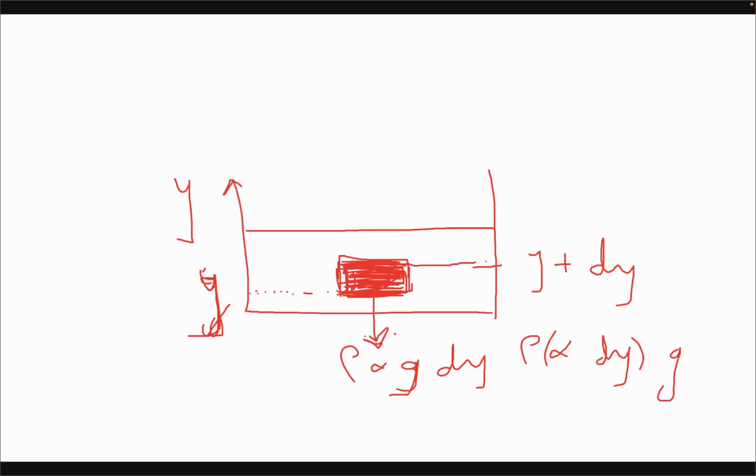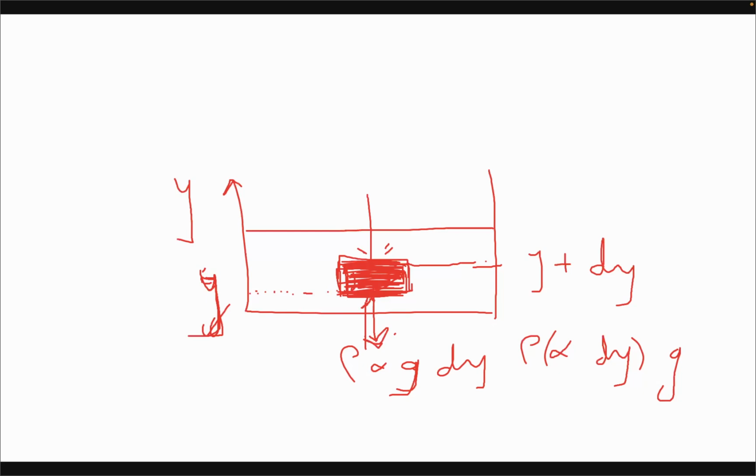I am to see it being in a state of equilibrium vis-a-vis the y-axis. The other forces in the y direction can be marked as, from top there's a force acting down, and from bottom there's a force acting up. So these are the forces.